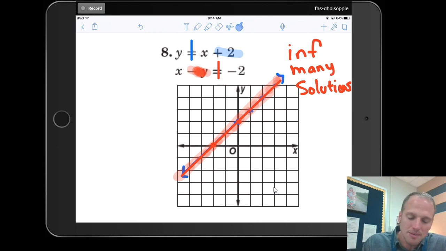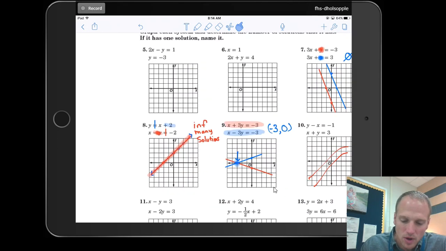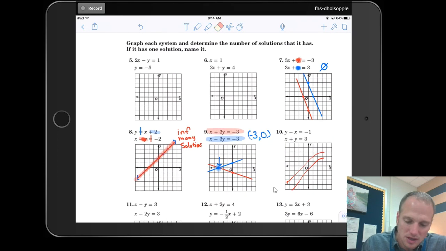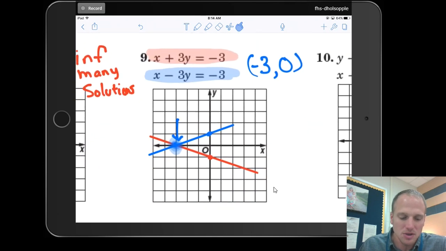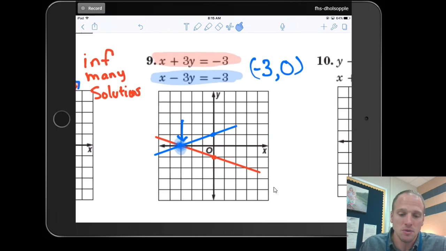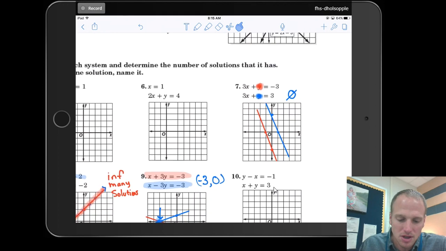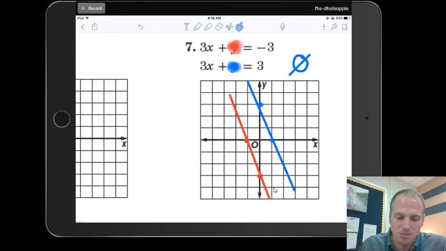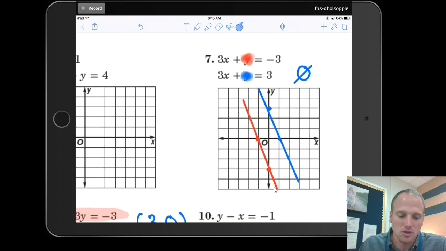Okay, so one more time, let's go back and look at these. Whenever we are solving these by graphing, we have to graph them and see where they cross. If you get one like number 9, okay, there's going to be one answer, and that's going to be negative 3, 0. The next option is like number 7, where they're parallel and there's no solutions.